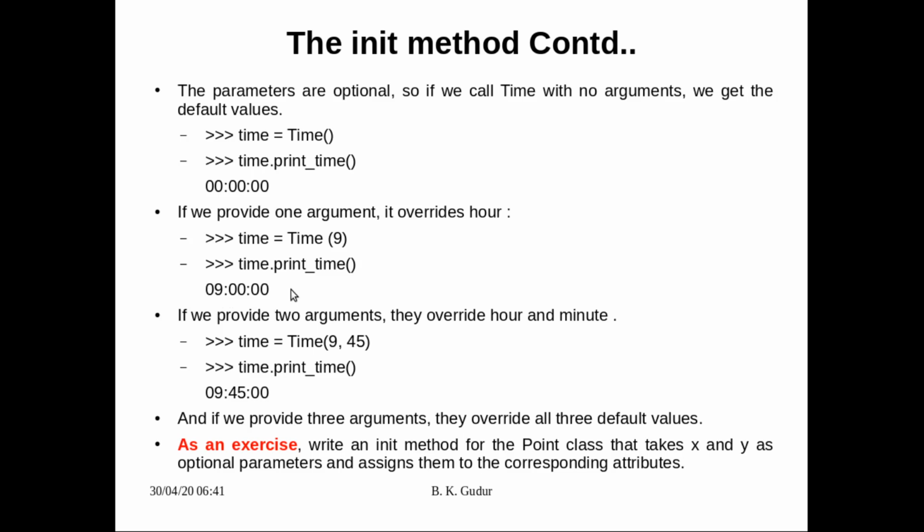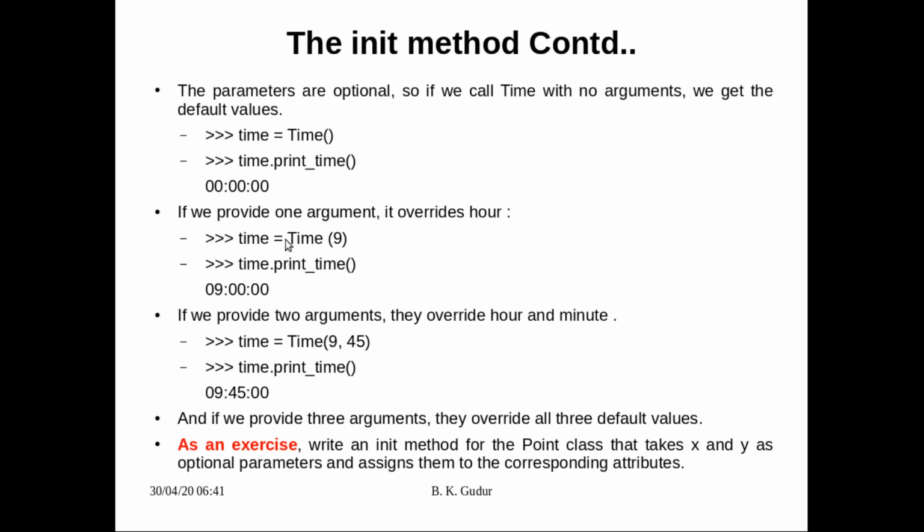If we provide two arguments, then both will override: the first will override hour, and the second will override minute. Like here, time is equal to Time(9, 45). Remember here, dear students, we are not calling that method explicitly.